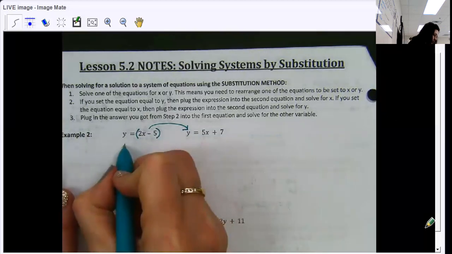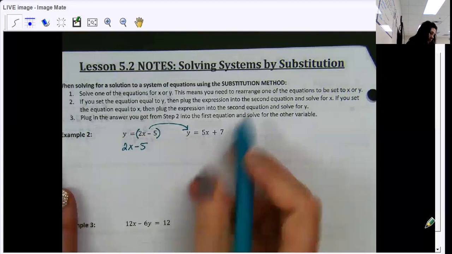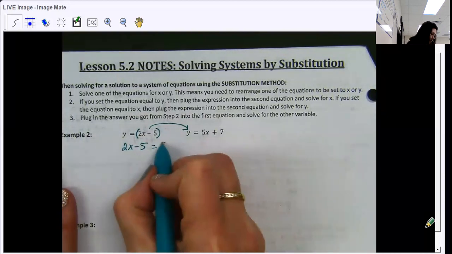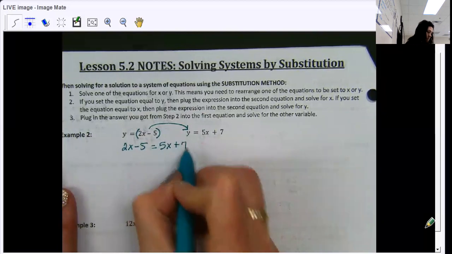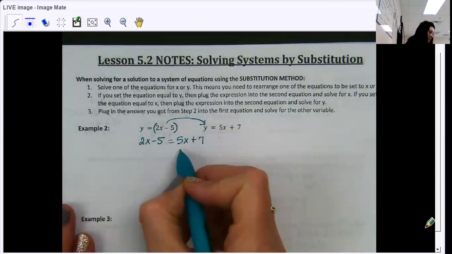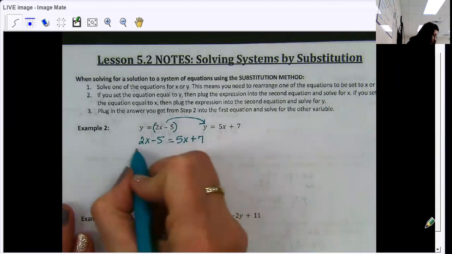So it's going to look like this: 2x minus 5, because I put it right here, is going to equal 5x plus 7. And now we've eliminated that y by substituting, and we're just left with x. So we're going to figure out what x is, and then we'll follow the next step. This is just solving a multi-step equation.